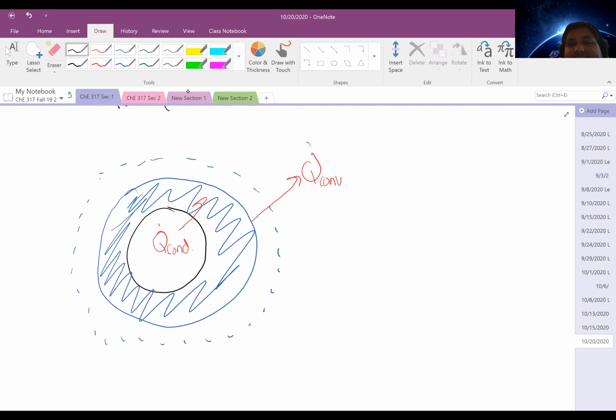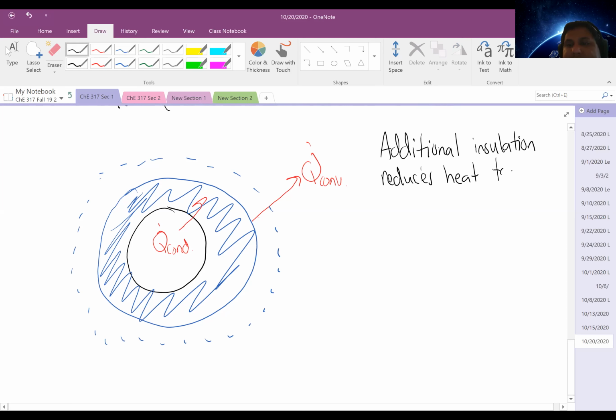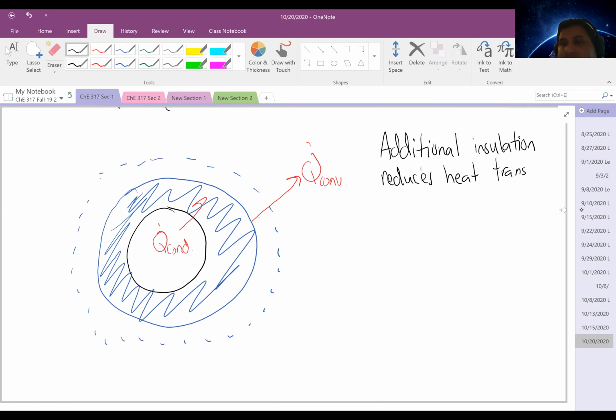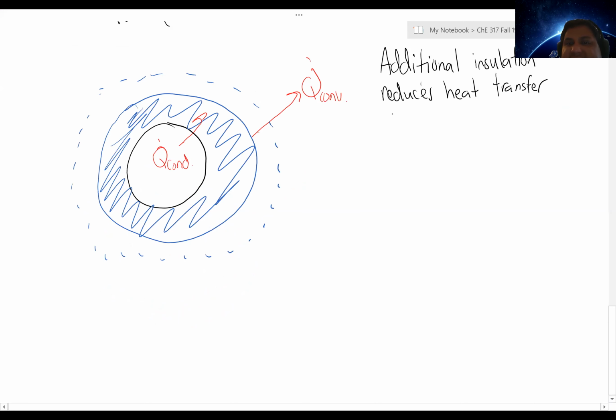And so, simply put, let me make that even simpler: additional insulation reduces heat transfer via conduction, but increases convective heat transfer.